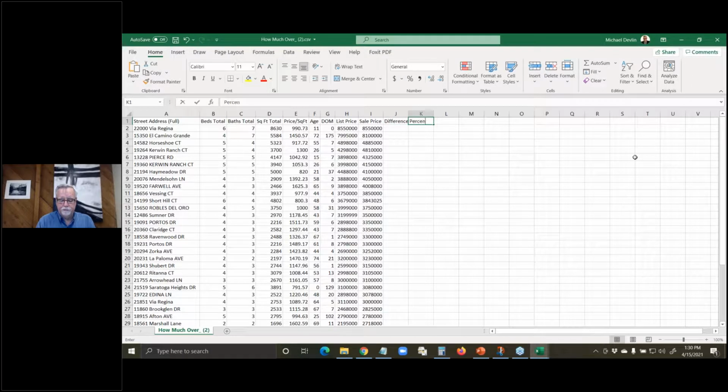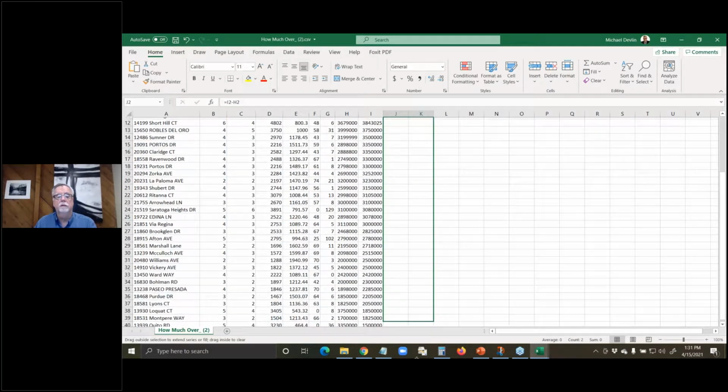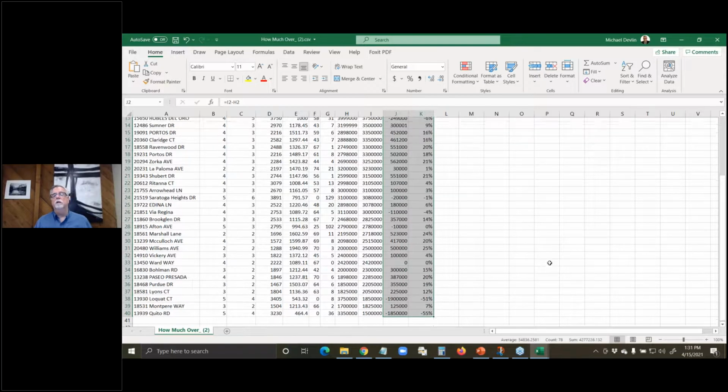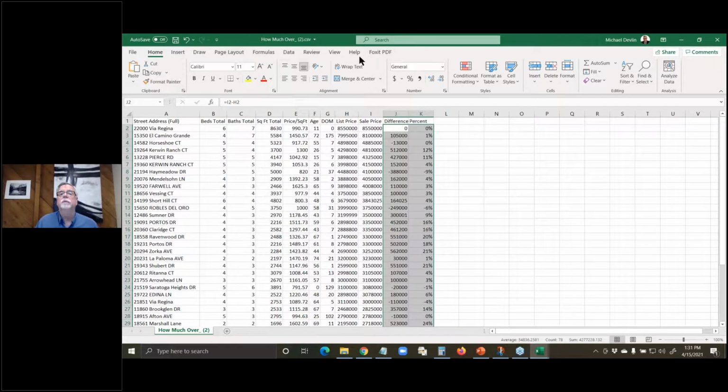Difference percent. And this equals the sales price minus the list price. And that equals the difference divided by the list price, and that is a percent. And then when I've done that, I drag it all the way down, right? Because this is what it would look like in single family homes.